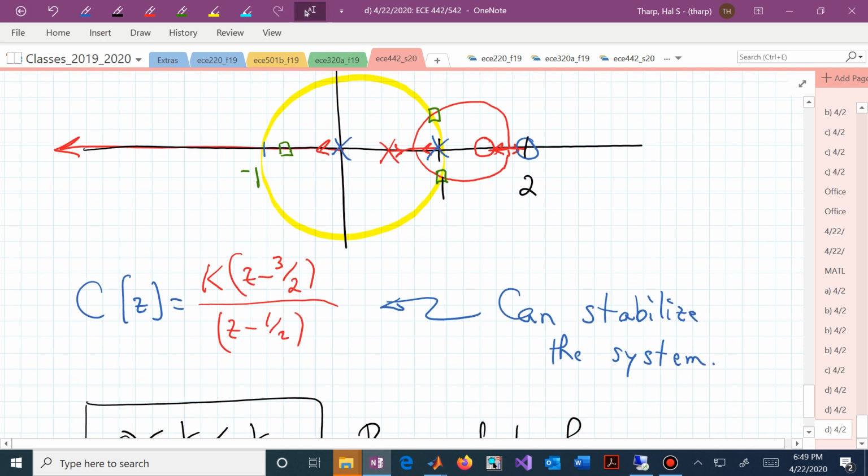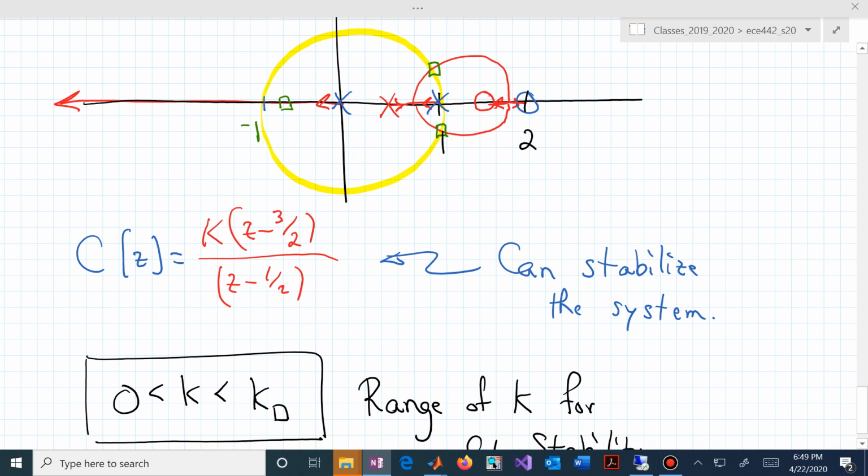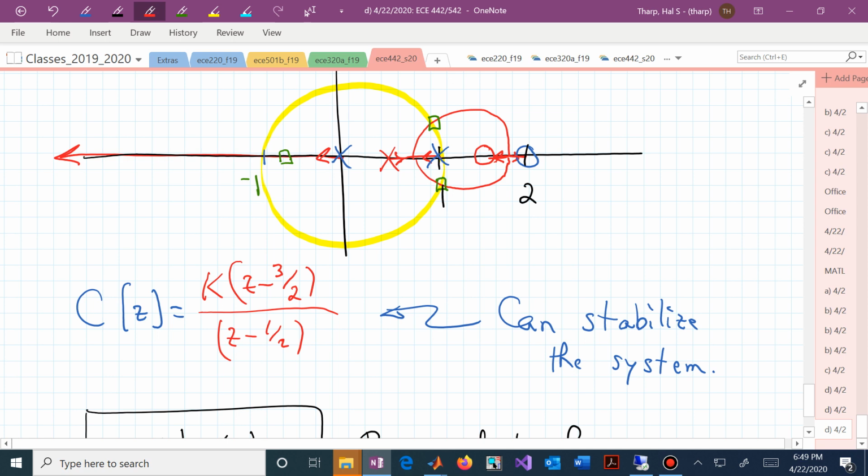But in general, I would expect your stability to be bounded by the root locus branches exiting the unit circle from those two poles to the right.